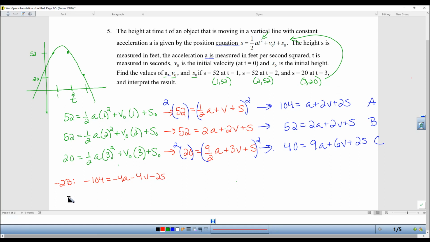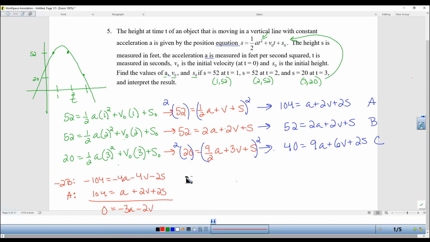I'm going to put that with equation A, which is 104 is equal to A plus 2v plus 2s. And that gives me 0 is equal to -3a minus 2v.